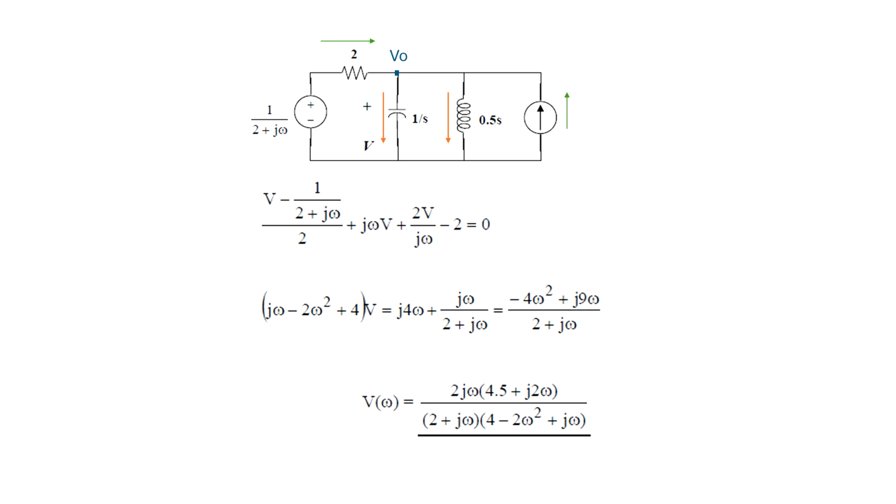Once you've done that, you just rearrange the formula and you get V omega equals 2j omega times (4.5 plus j2 omega) over (2 plus j omega) times (4 minus 2 omega squared plus j omega).